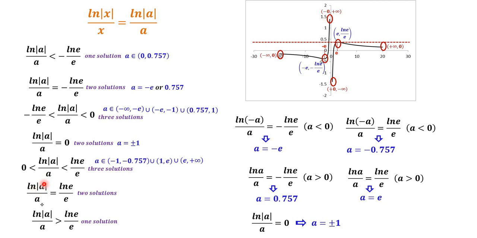When ln absolute A over A is equal to ln E over E, so this straight line, there are two solutions.